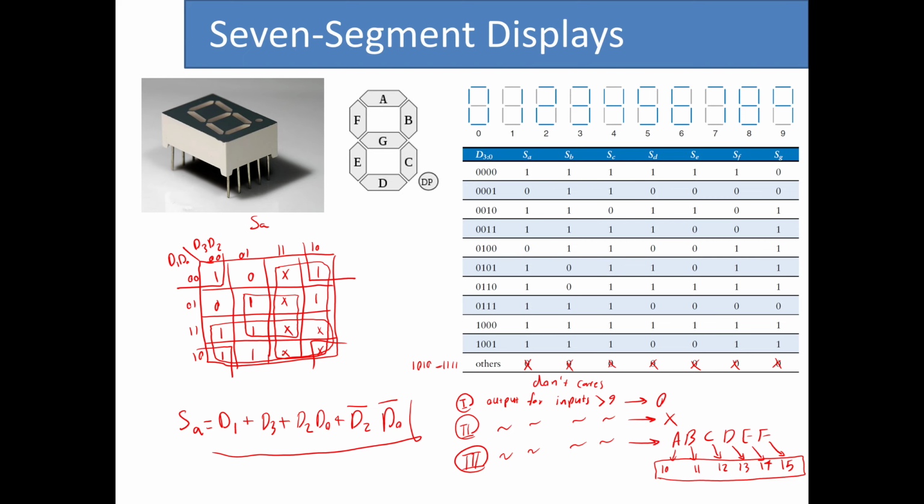So you put these additional rows for values that change from 1010 to 1111 with these additional rows that represent A, B, C, D, E, F instead of 10, 11, 12, 13, 14, and 15, and come up with the Boolean equations and the Karnaugh maps on your own. So this is your practice.